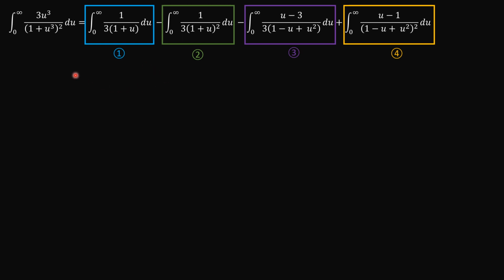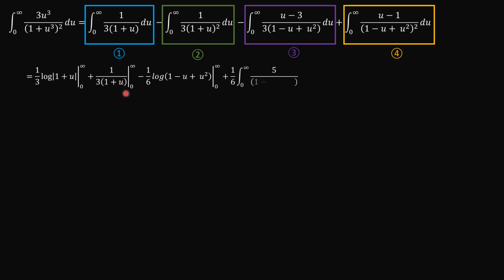So getting back to the original integral, which was split into 4 different terms, we saw that the first integral there amounted to a third of the natural logarithm of the absolute value of 1 plus u, from 0 to infinity. The second term was the same as negative a third of 1 over 1 plus u, and so that negative with this minus here becomes a positive, all that from 0 to infinity.